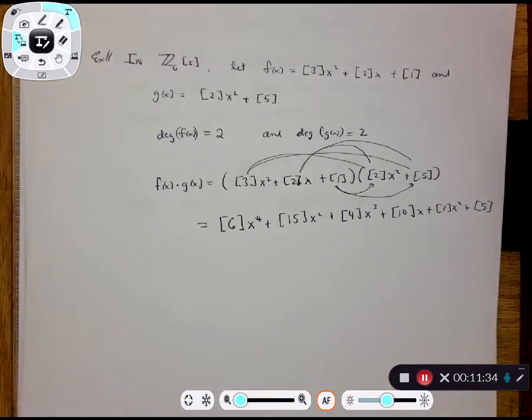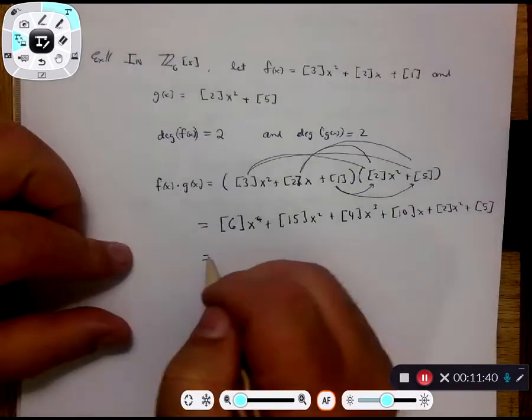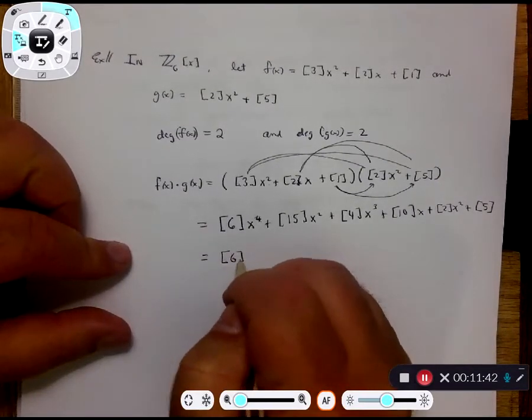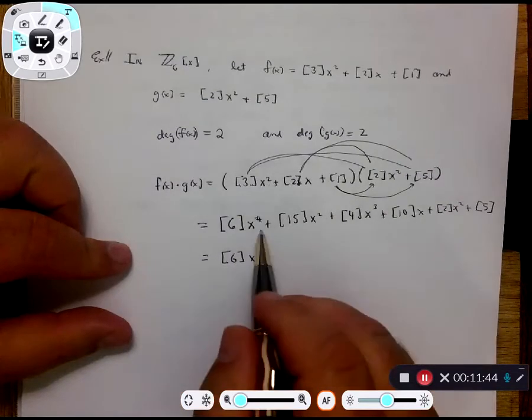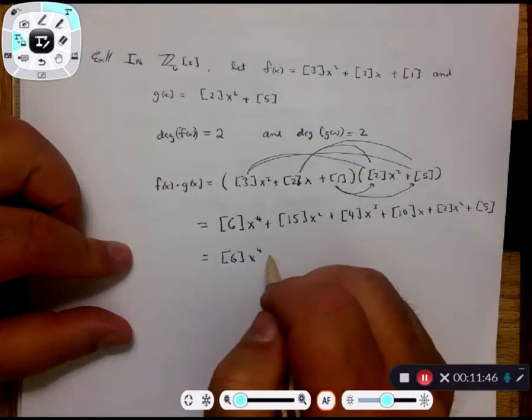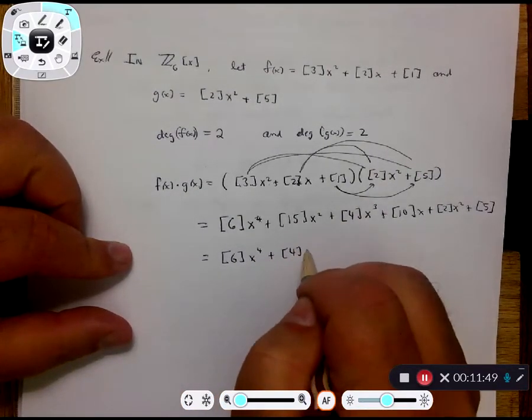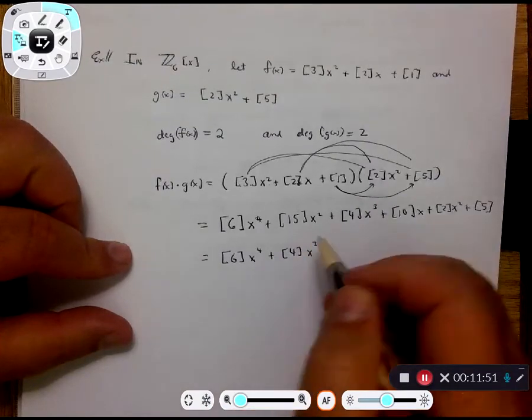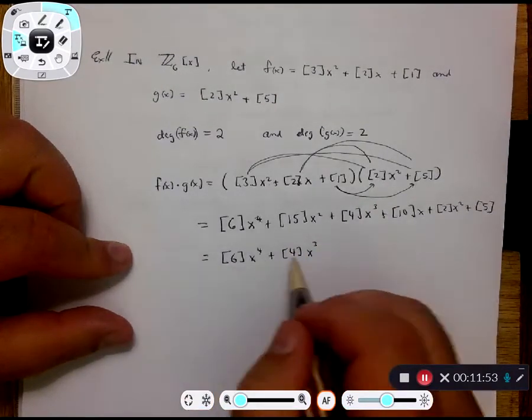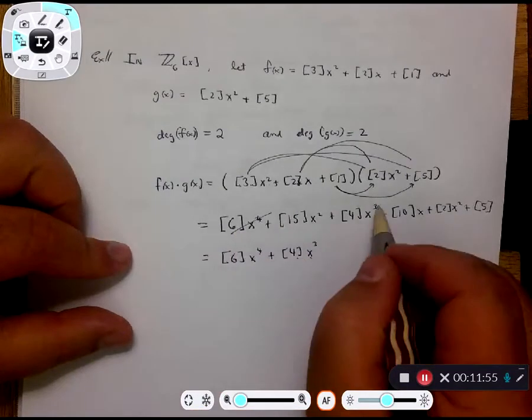Now, typically with polynomials, we like to write these in decreasing order. So this would be equal to 6x to the fourth. The next one would be the cubes, plus 4x cubed. I put little lines through them when I've used them.